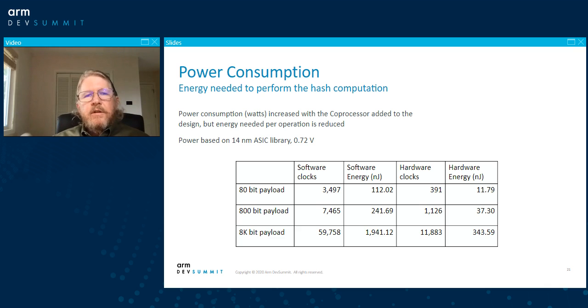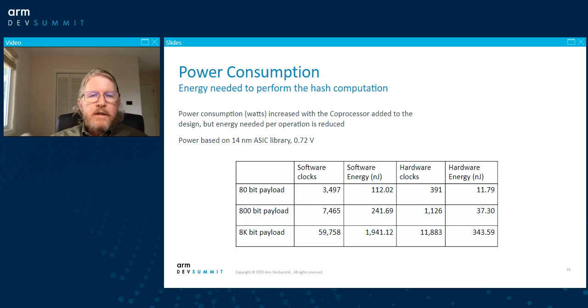Now, we also looked at the power and energy consumption for computing the hash. For a lot of embedded systems, more important than performance will be the power or the energy used in a particular computation. So we took the design and targeted a 14 nanometer ASIC technology running at 0.72 volts.